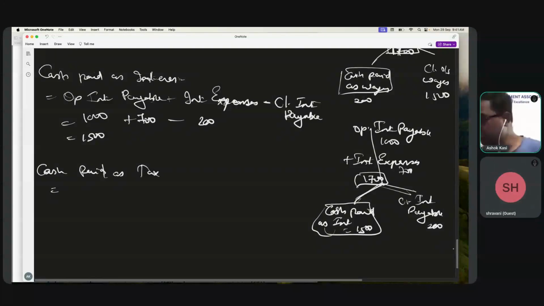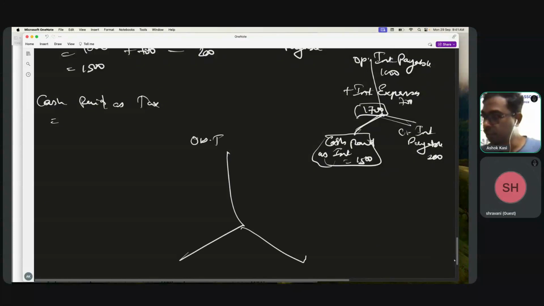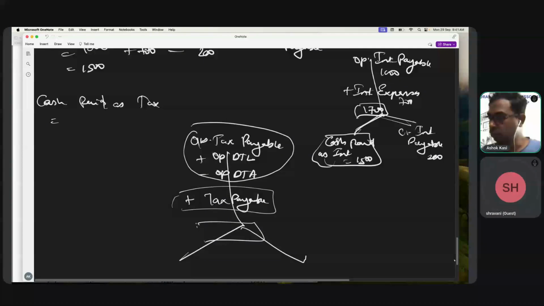Okay, cash paid as tax is a little lengthy. It will be opening tax payable plus opening deferred tax liability. Deferred tax liability, I will let you know later. Then minus opening deferred tax asset. This is one group. Then plus tax payable this year.